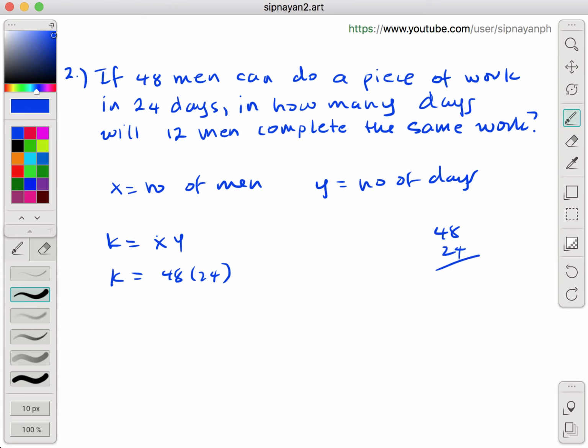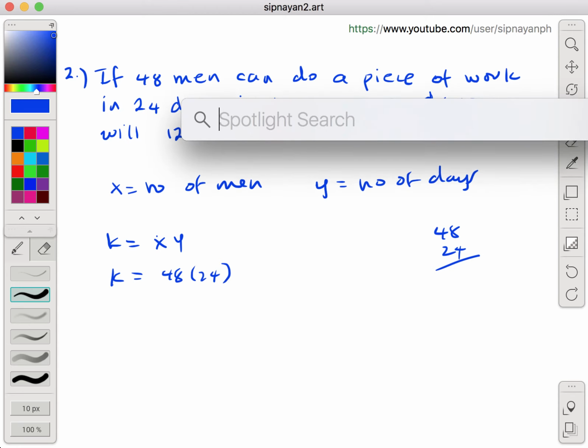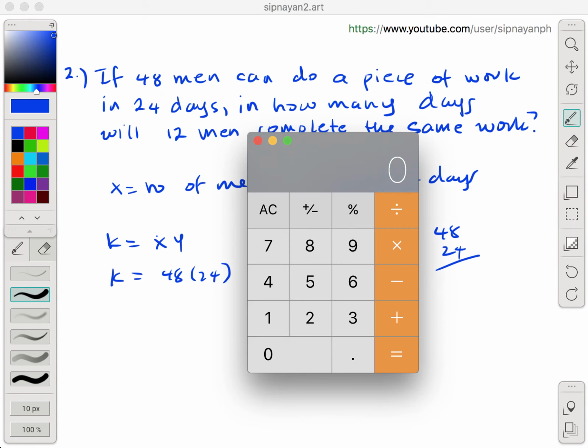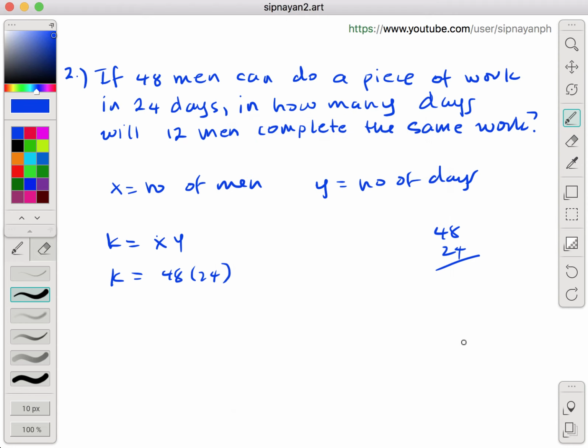Siguro i-calculator na lang natin para mabilis. So, calculator. Okay, so 48 times 24. 1152. So, K is 1152.